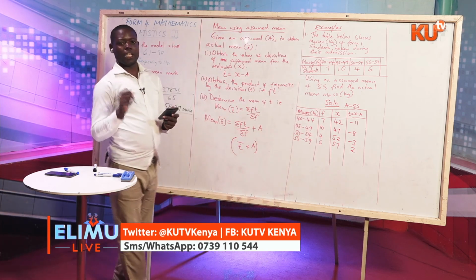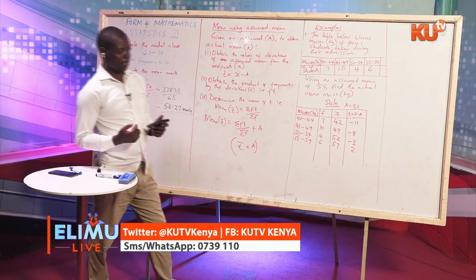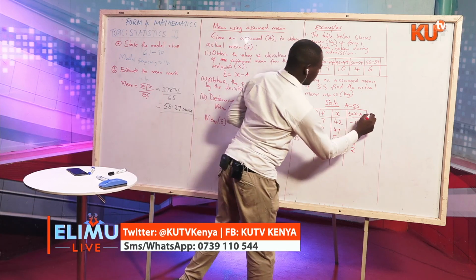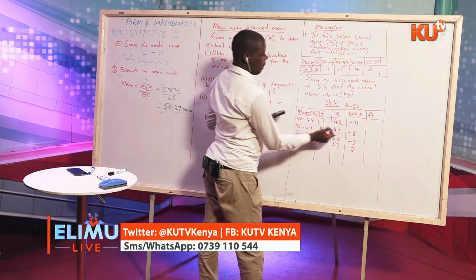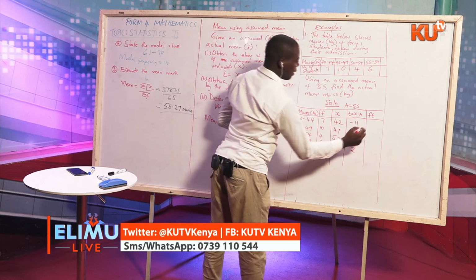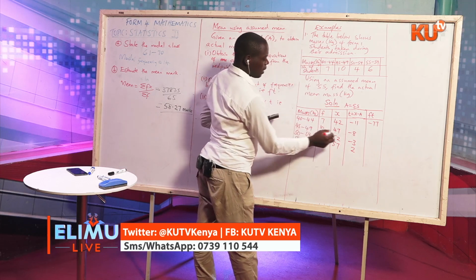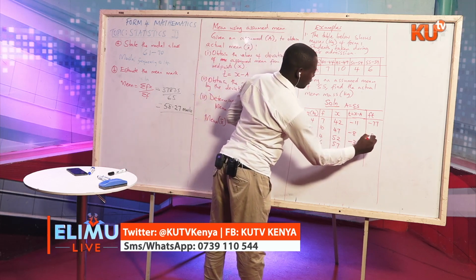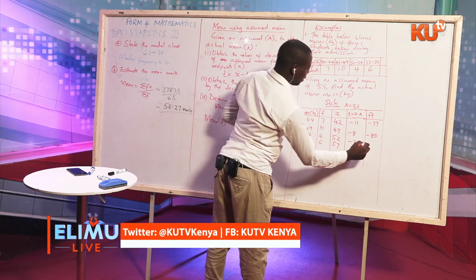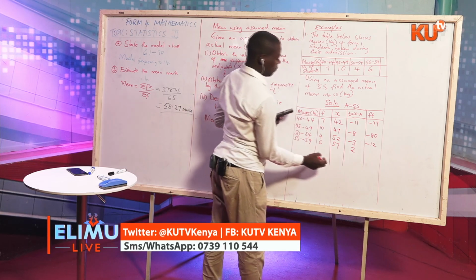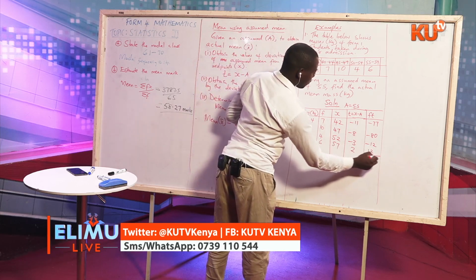Once you obtain t, students, the next step is to obtain ft. Now 7 by negative 13, negative 91. 10 by negative 8 is negative 80. 4 times negative 3, negative 12. 6 times 2, 12.